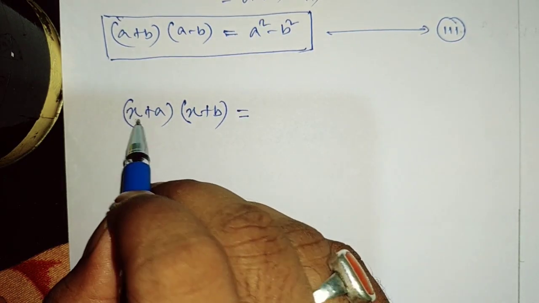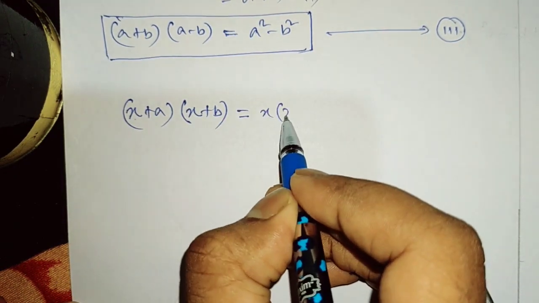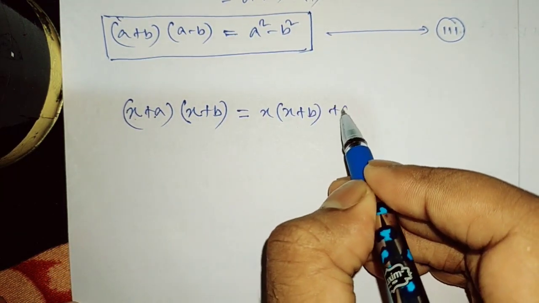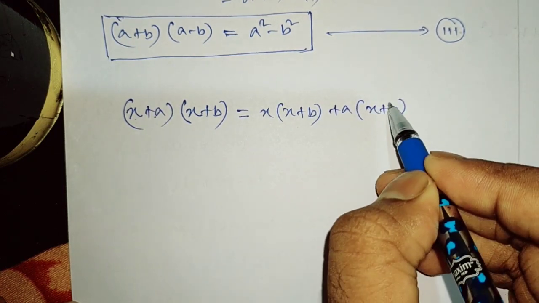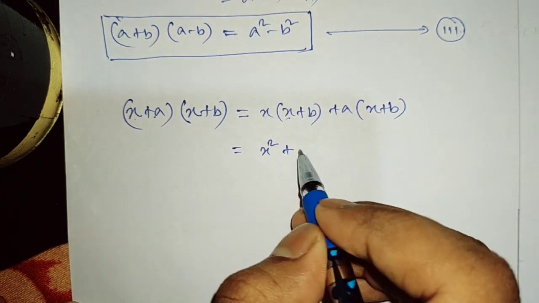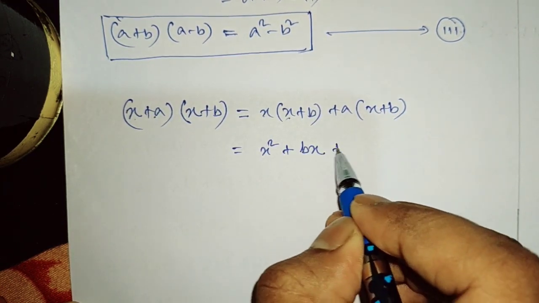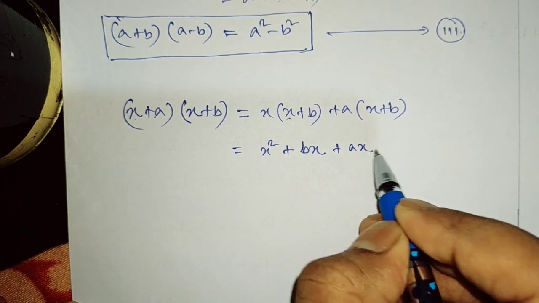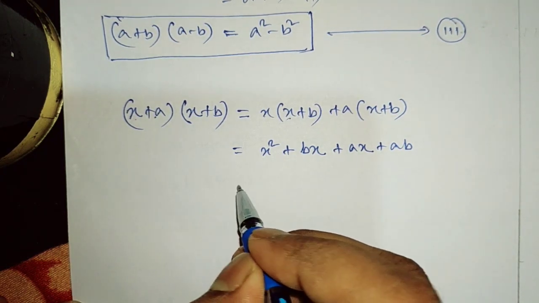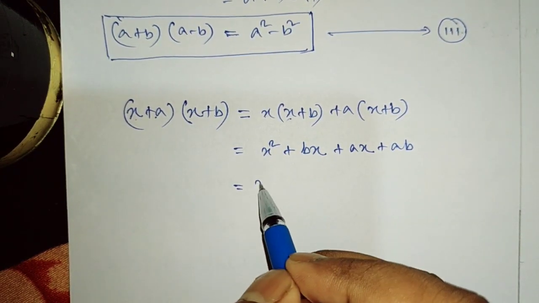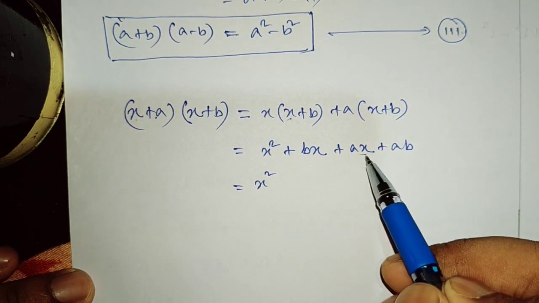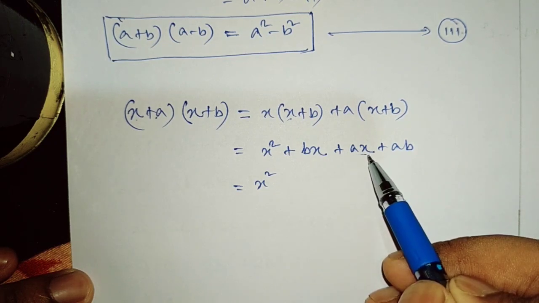So let us proceed. x into x plus b, then a into x plus b. We proceed in the same way. x into x will be x square, plus x into b will be bx, plus a into x will be ax, a into b will be ab. So in this case we have x square, and in both these terms bx plus ax, x is common.